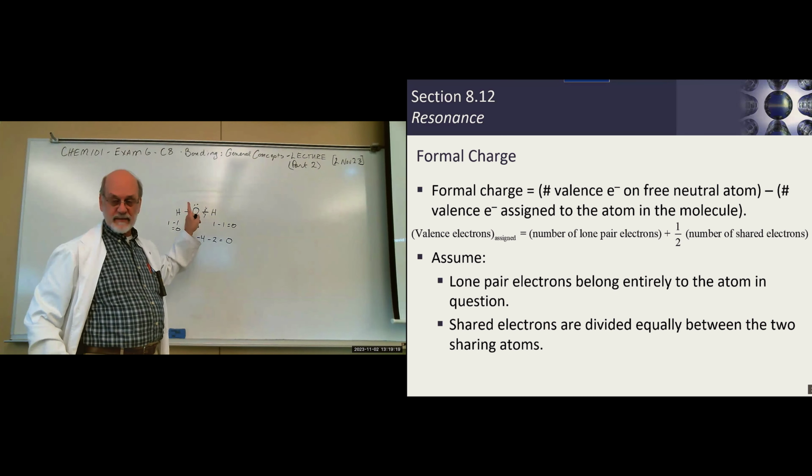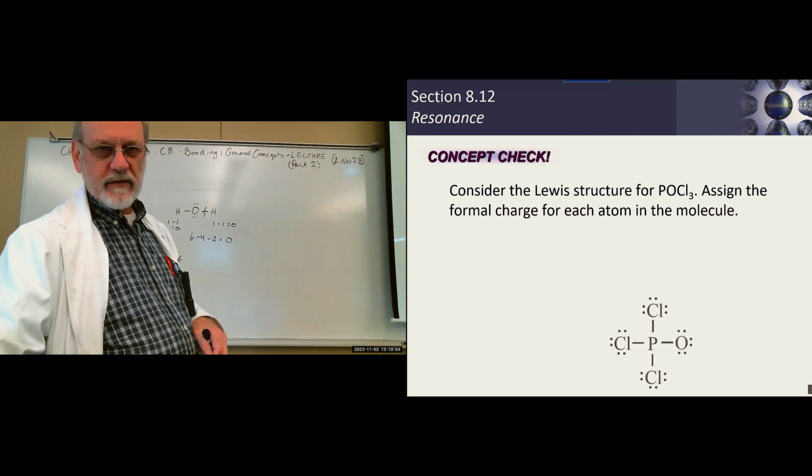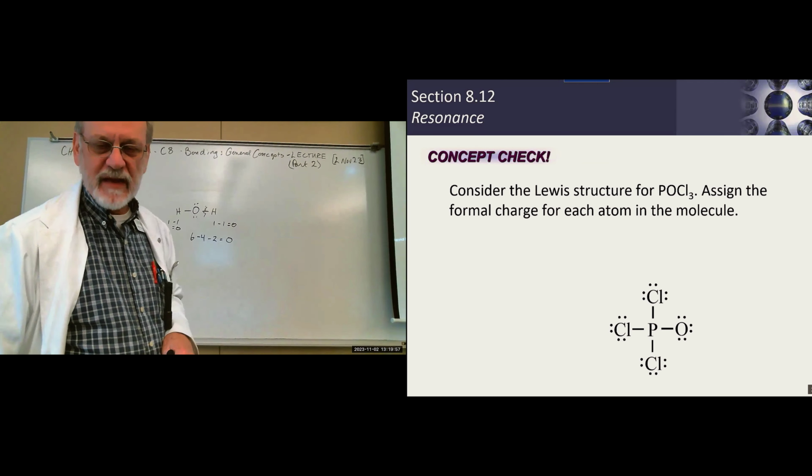If there's a double bond, then you're sharing 2 pairs, or 1 electron plus 1 electron goes this way, 1 electron plus 1 electron goes this way. That's how you calculate formal charge. Let's see, that's just rules that were already given. So let's calculate the formal charge for this one.